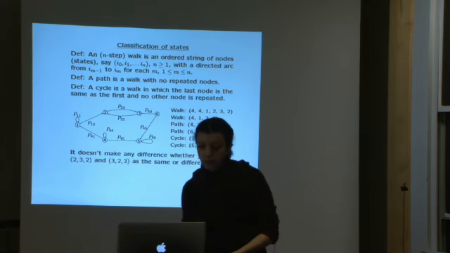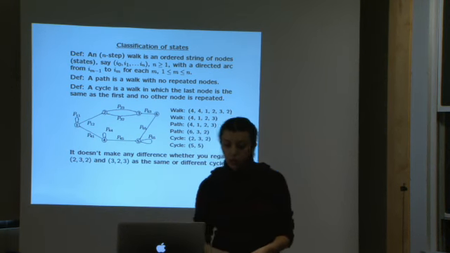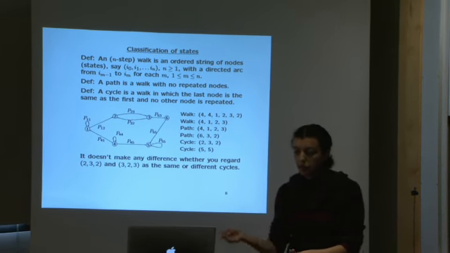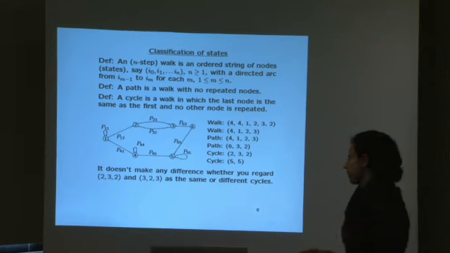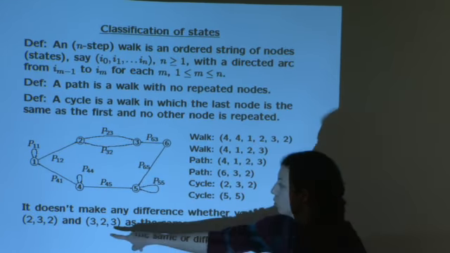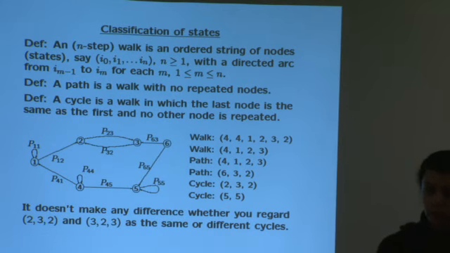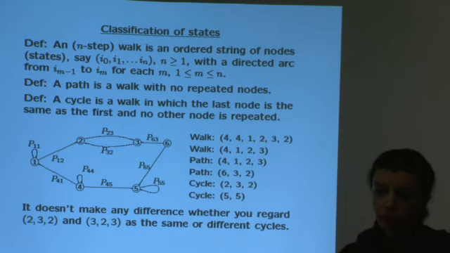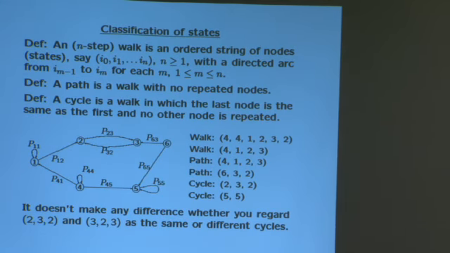And the cycle is a walk in which the first and last node are repeated. So first of all, there is not a really great difference between these two cycles, so it doesn't matter where I start.